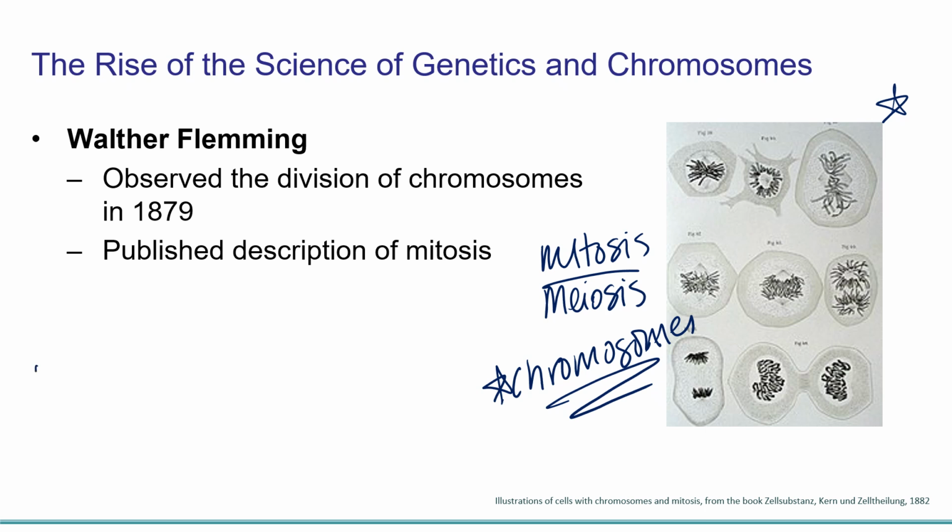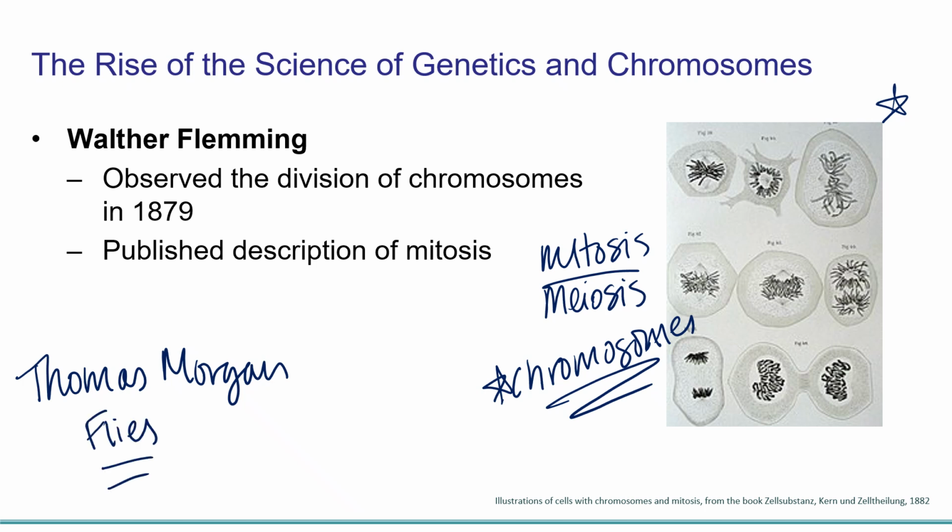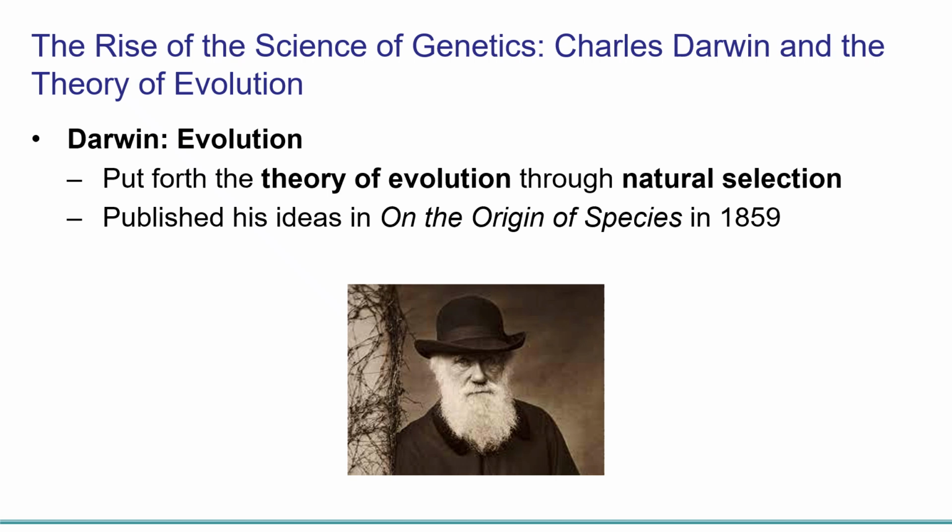One of the most famous was Thomas Hunt Morgan, and he worked with fruit flies, and he gives us a lot of information about fruit fly chromosomes and really supports the cell theory and also the idea of heredity with some of his work on fruit flies and chromosomes.